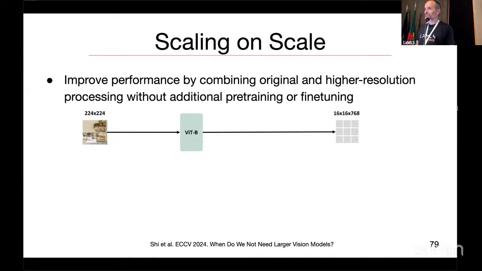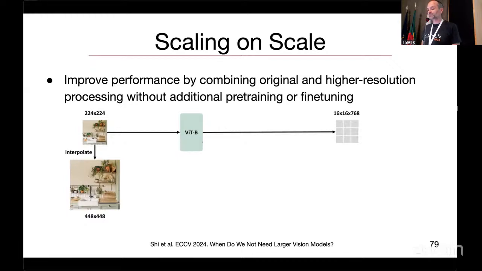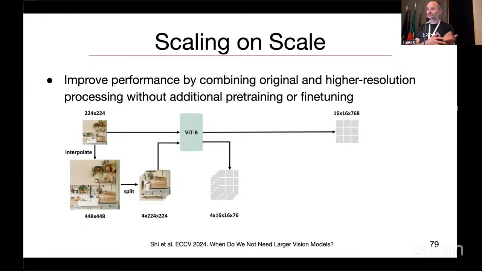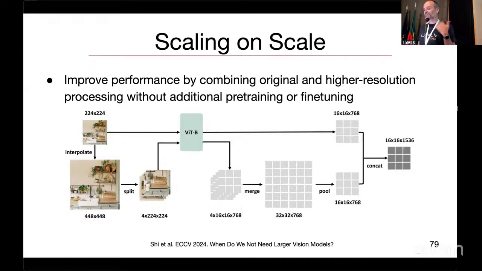There was a similar paper from ECCV 2024 where without any additional training of the model, you could take the original representation, pass it through a vision transformer, upscale it to a larger version, do the same process as the previous slide and split it into smaller images, process those smaller images, and then merge all these features together, pool them down to the original size of your input and concatenate them together.